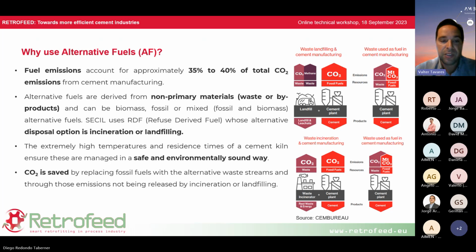So this co-processing is very important for the circular economy and plays a key role in terms of waste management. The extremely high temperatures and residence times reached in cement kilns also ensure that these wastes are managed in a safe way. Next slide, please.